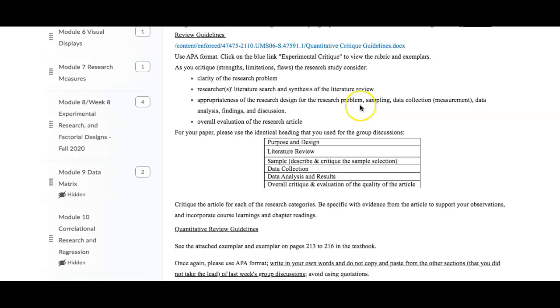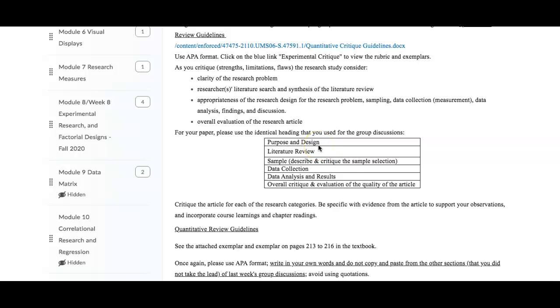So really what you're looking at is writing a similar paper to the qualitative critique using these chapter heads, and just say that you were part of the Group A, and you looked at a particular article. Your lead was on the data collection. You can use most of what you wrote last week verbatim. You might want to modify it, but I'd like you to hit every one of these sections.